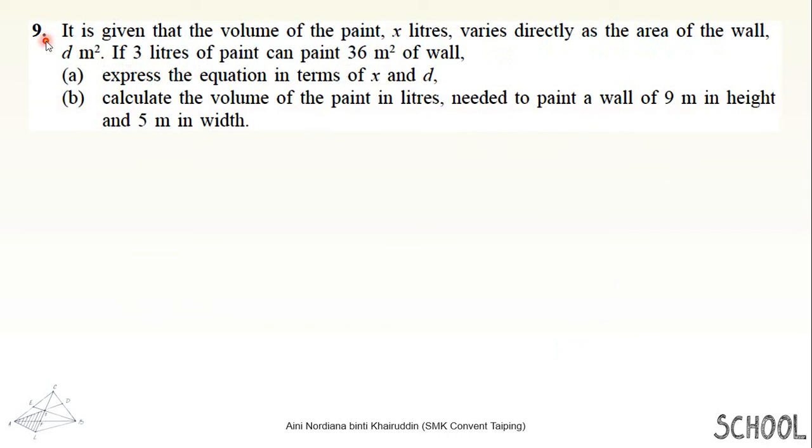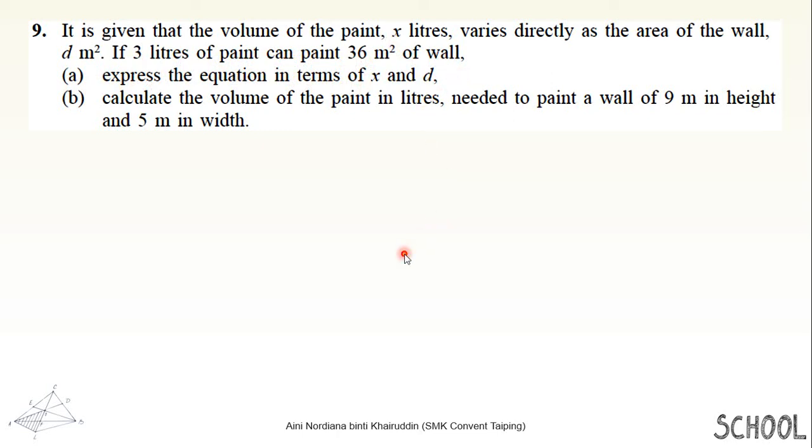Okay, number 9. It is given that the volume of the paint x liters varies directly as the area of the wall d meter square. If 3 liters of paint contain 36 meter square of walls, A, express the equation in terms of x and d.